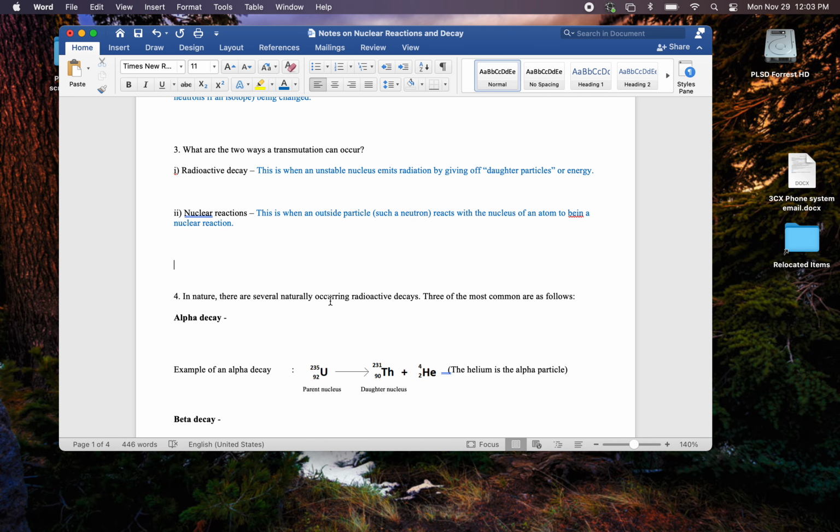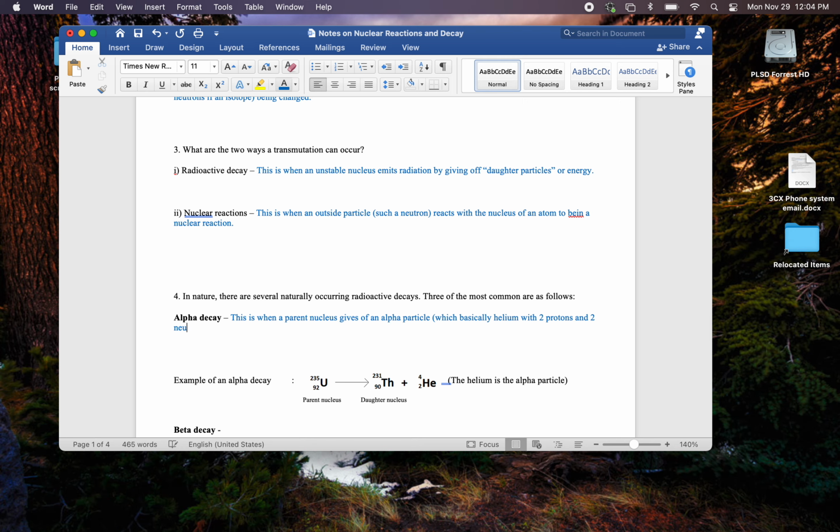In nature, we have a number of radioactive decays. Three of the most common are as follows: an alpha decay. In an alpha decay, a parent nucleus gives off an alpha particle, and that's basically helium with 2 protons and 2 neutrons.